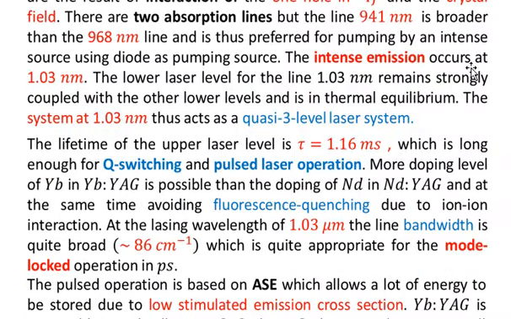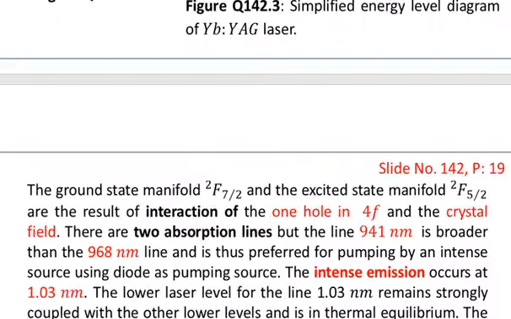The intense emission occurs at 1030 nanometer. So it should be corrected here as 1.03 micrometer or 1030 nanometer. So please make a correction over here. It should be 1030 nanometer, or 1.03 micrometer, that I have indicated over here in the figure.